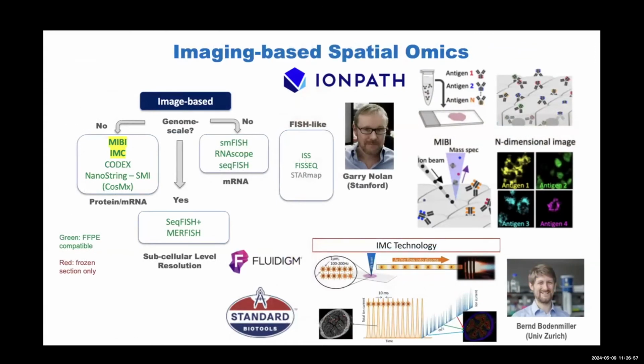So for the technologies I mentioned in the technology landscape slide, for imaging-based approaches, you can image either proteins or just the transcripts. For imaging proteins, oftentimes you can combine with a limited number of transcripts. Very early on, based on mass cytometry, you can turn flow mass cytometry into imaging mass cytometry, developed by Professor Garry Nolan.